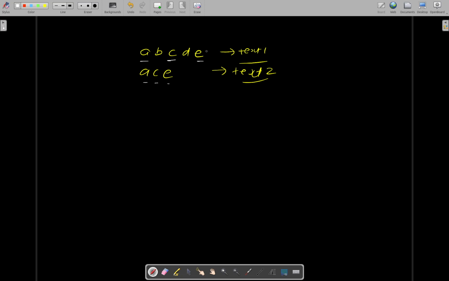Now let's say we are having one character extra. Here let's say there is F, and here also there is F. Now as you will be able to observe, the longest common subsequence is ACEF.